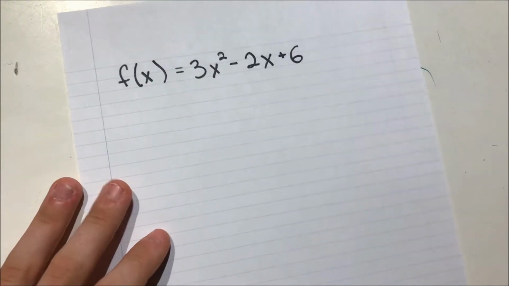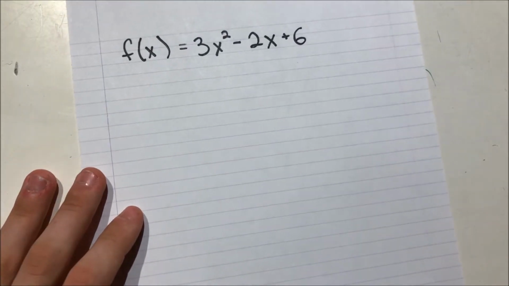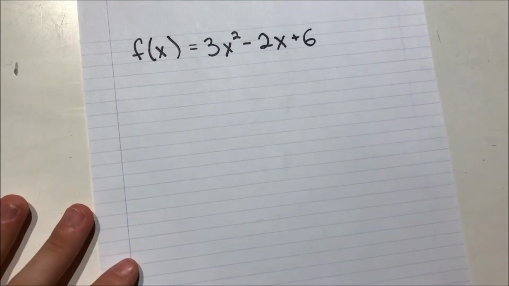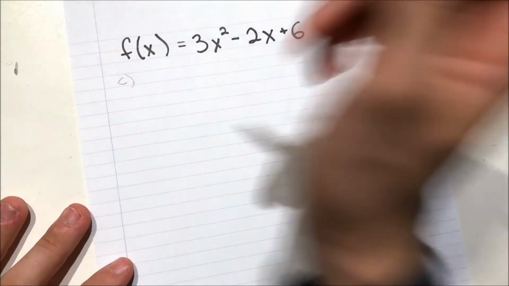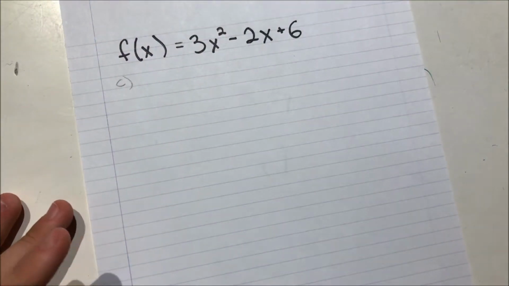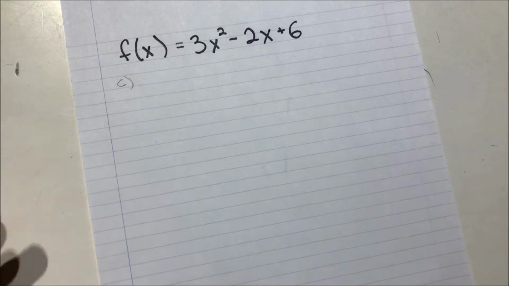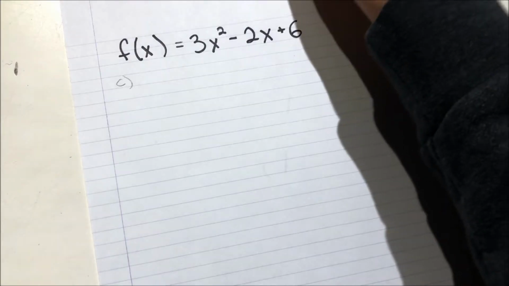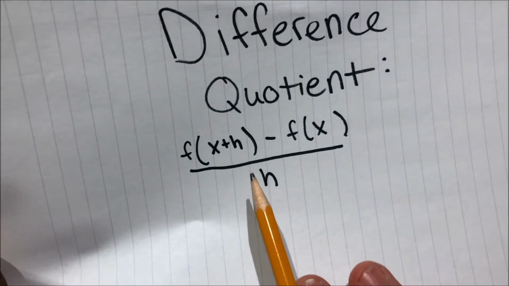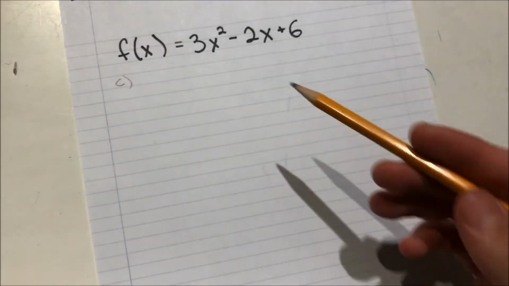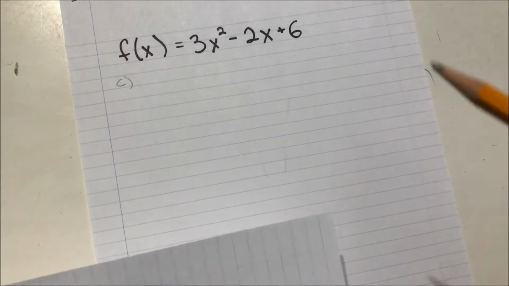Now we are simply going to skip to step C from just this. If you want, you can write a little c. Once again, remember the difference quotient is right here. So we're simply going to fill in x plus h anywhere we have an x for the first part, minus this, all over h.